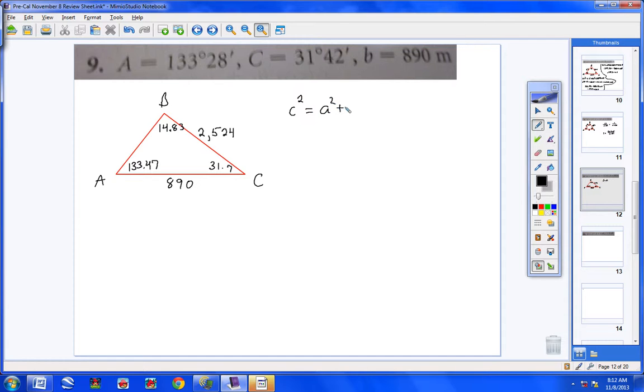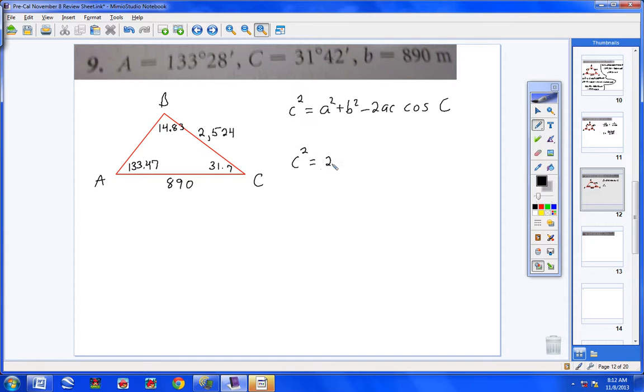And then next would be a squared plus b squared minus 2ab cosine, and then of course if you have C over here, then it's C over here. So really we're just going to quickly make some substitutions and type it into our calculator.